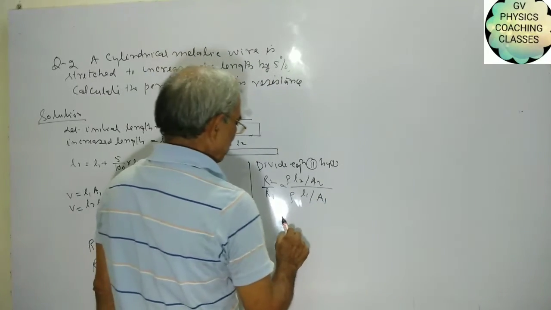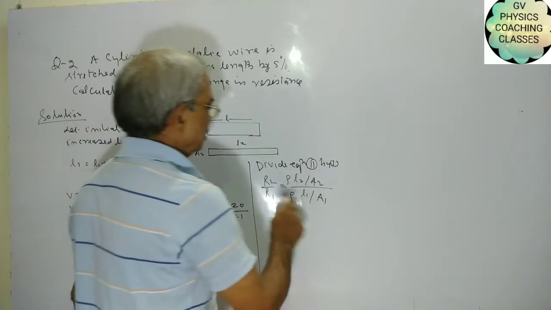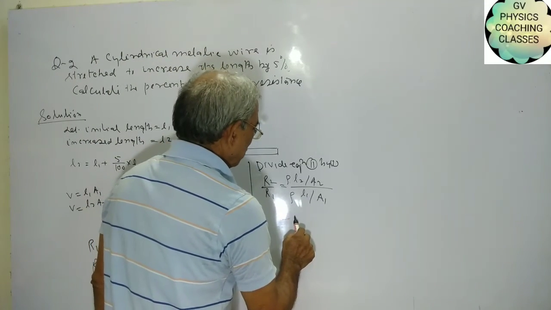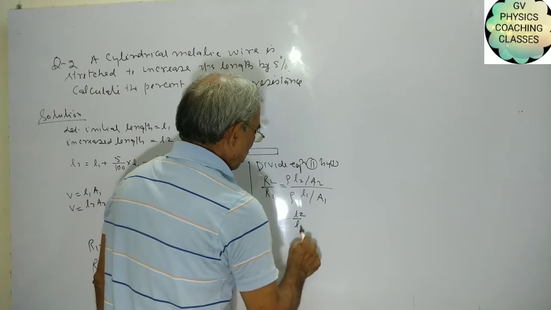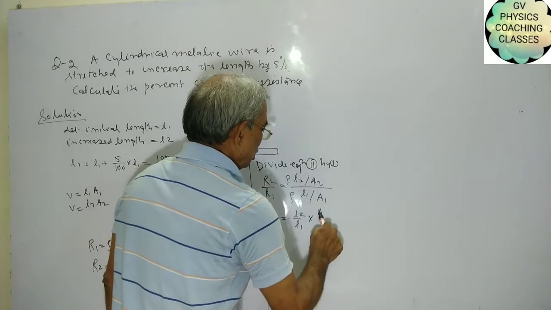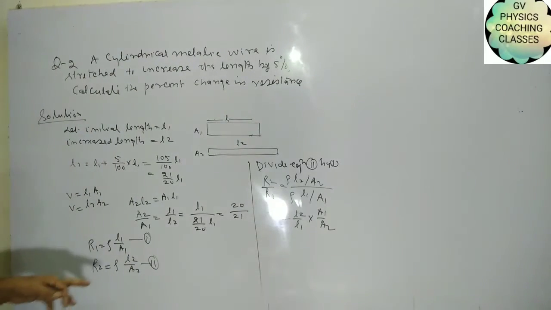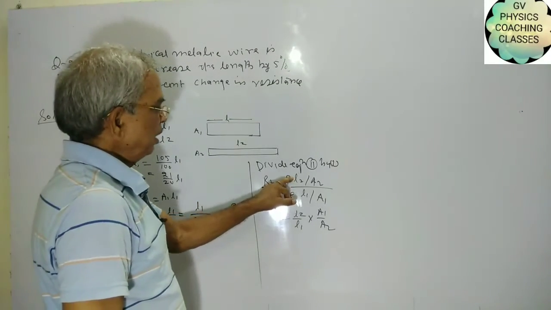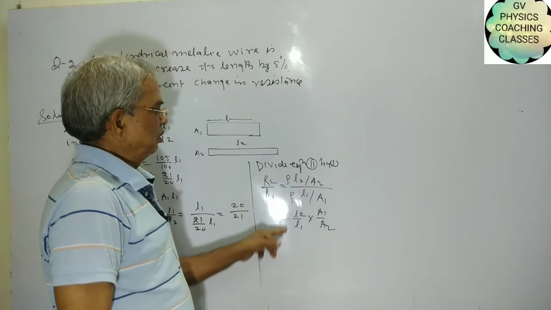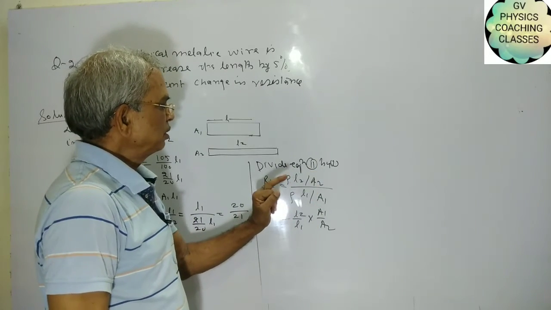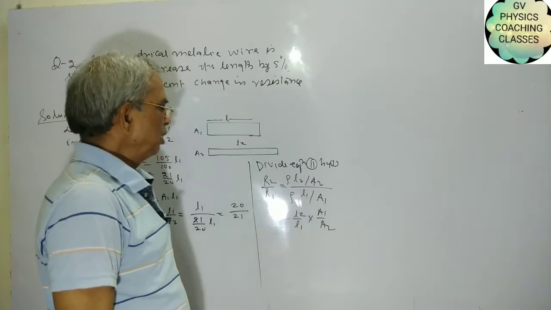Rho is cancelled, and here L2 upon L1 into A1 upon A2. This L2 upon L1, A1 goes in the numerator and A2 goes to the denominator.